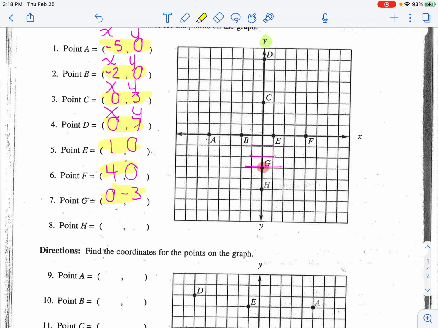So 0, -3 for point G. Last one, point H, down here. So again, on the x, they did not move right or left. They stayed right in the center, so that would be 0. On the y, they dropped down -1, -2, -3, -4, -5.